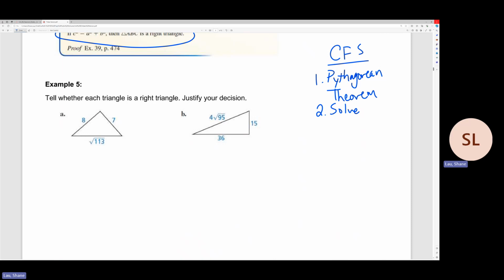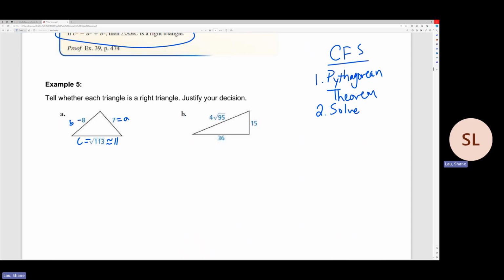The closest perfect square I can think of is probably 121, because that's 11 squared. Well, this is almost 11, and almost 11 is going to be larger than 8. So we're going to treat this as our C value. We'll call 8 our B value. We'll call 7 our A value.